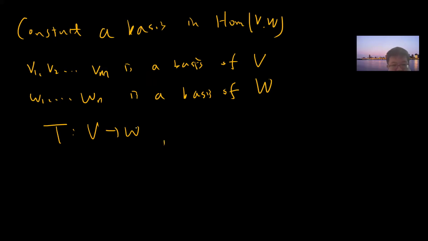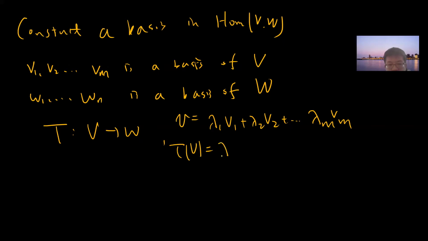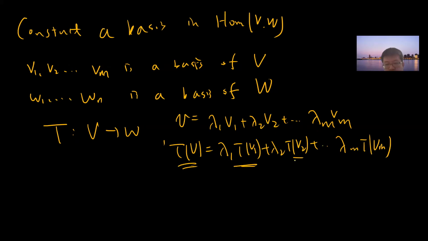Any vector v in V can be written as lambda 1 v1 plus lambda 2 v2 up to lambda m vm. So T of v will be lambda 1 Tv1 plus lambda 2 Tv2 up to lambda m Tvm. So the linear map T is determined by the images of the basis vectors if you fix a basis.